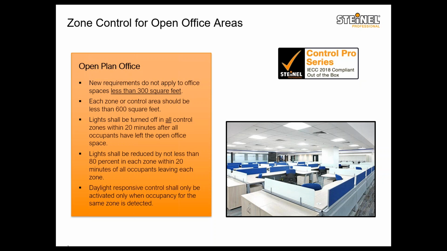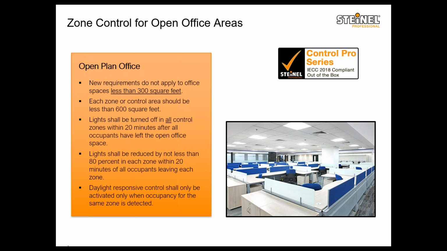You could have basically the same rule applied to an office area of under 300 square feet to any size, really. So the new code has some new requirements for any open office area that is larger than 300 square feet.